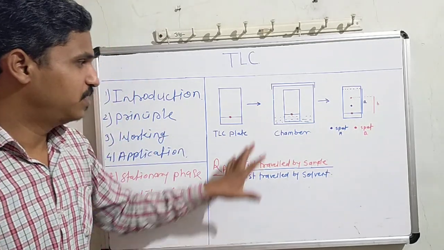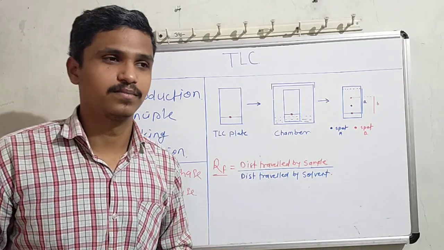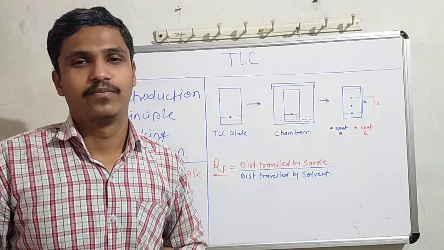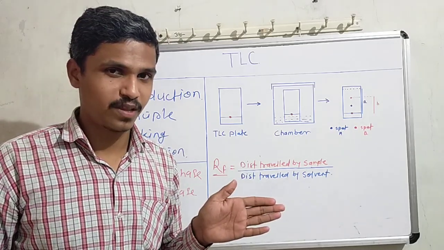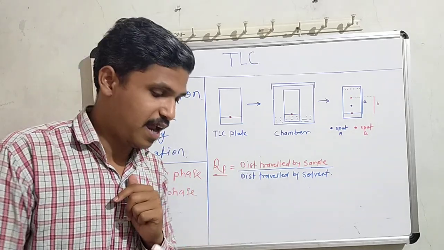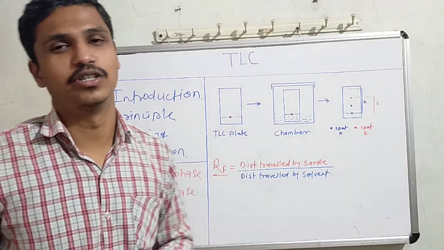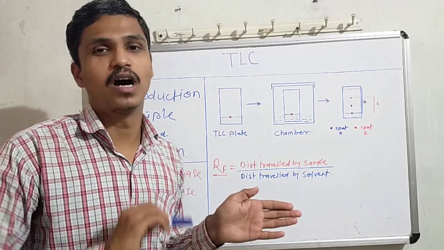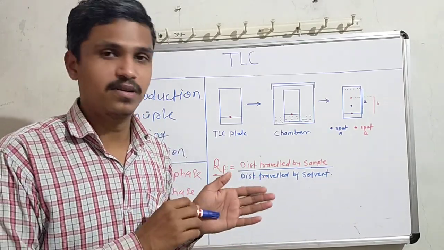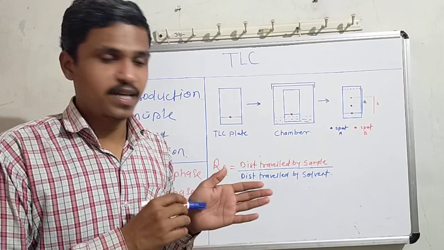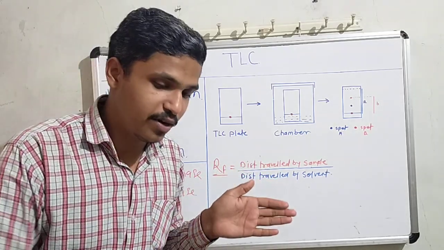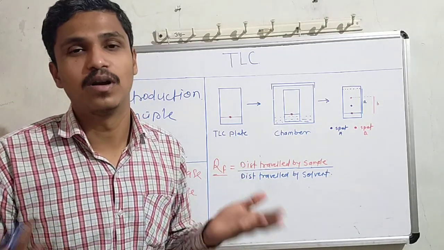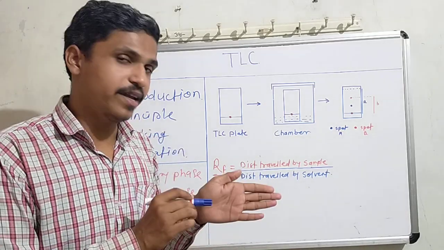This simple phenomenon can be understood with one example: the train acts as the mobile phase, and the railway track is the stationary phase. When a train travels from the baseline, from CST to Howrah, from one destination to another, the train acts as the mobile phase and the railway track as the stationary phase, and the people are the mixture.